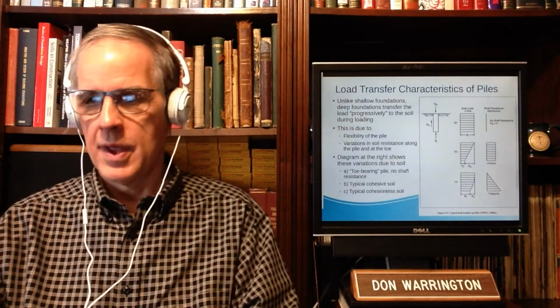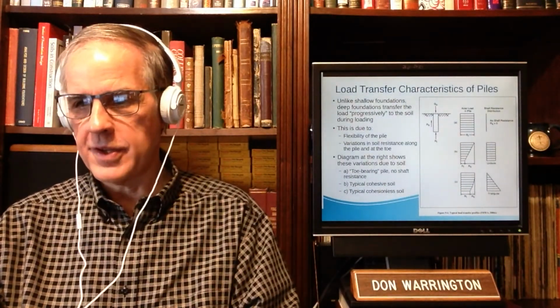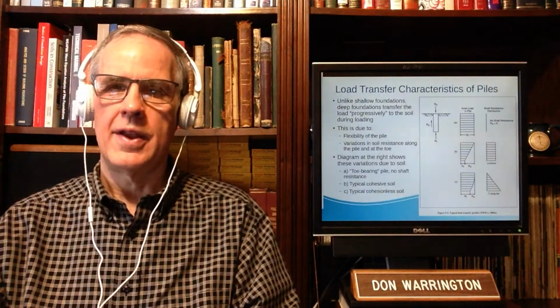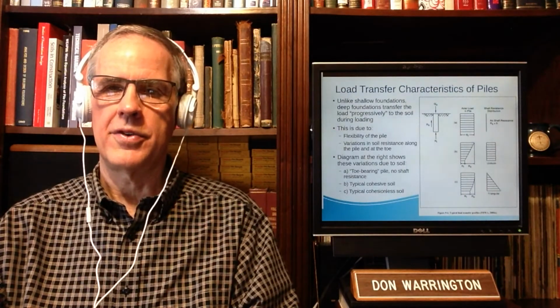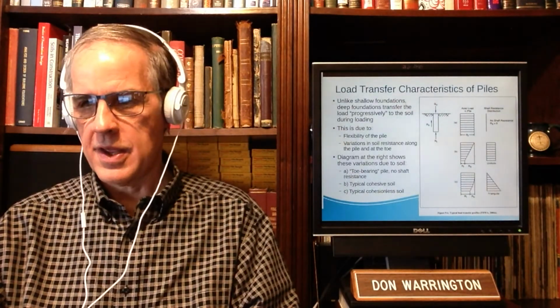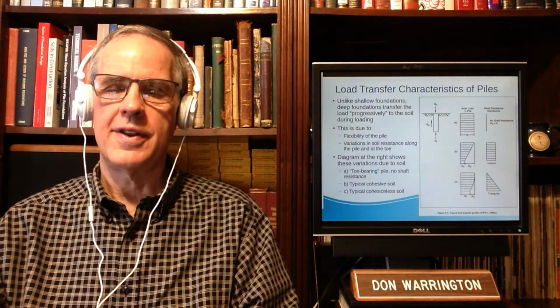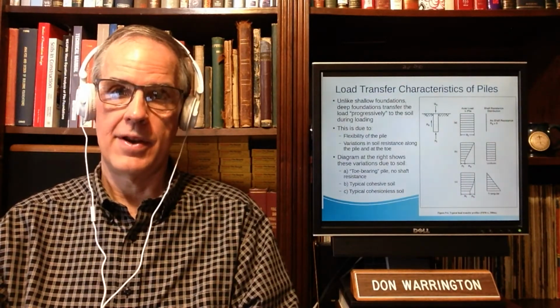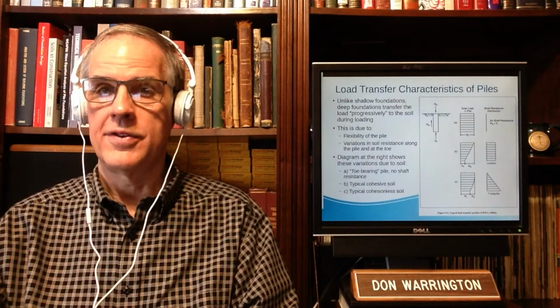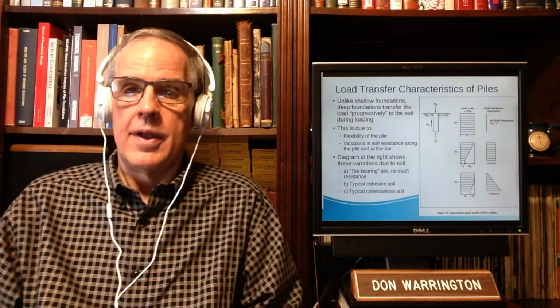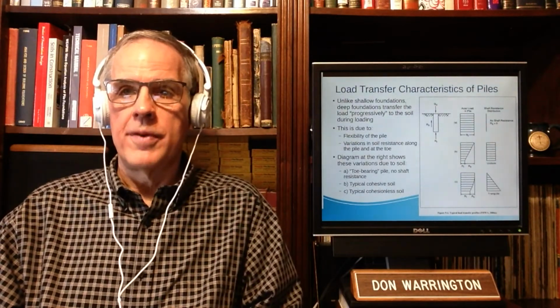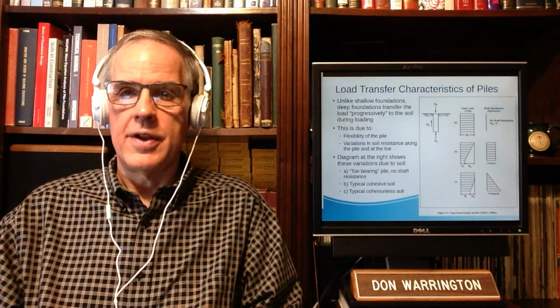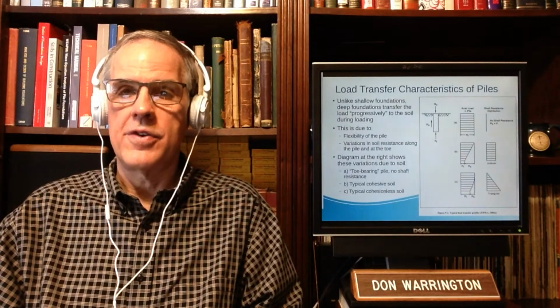If you have, for example, a typical cohesive soil, and we're going to talk about how this is an oversimplification, then in theory, if cohesion is uniform along the shaft, then the unit shaft resistance, little fs, is uniform along the shaft.